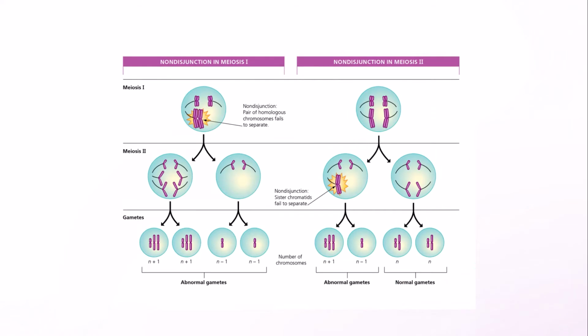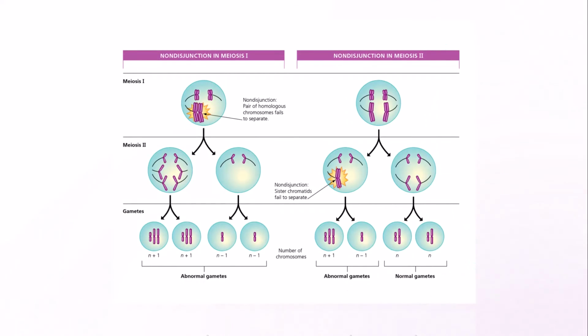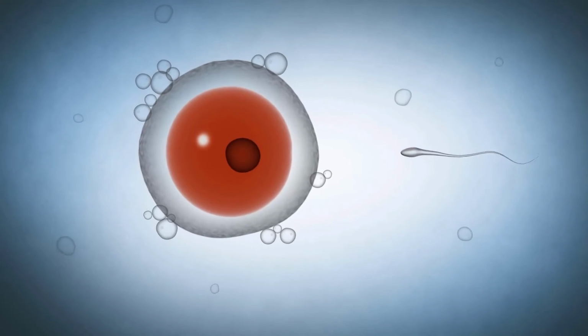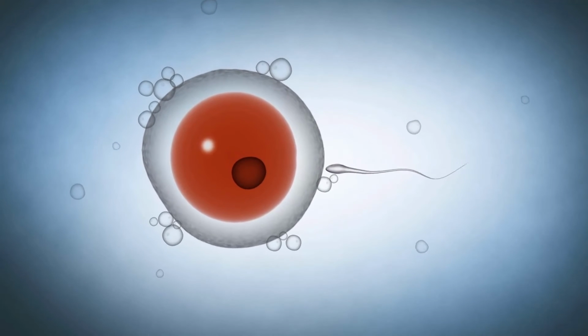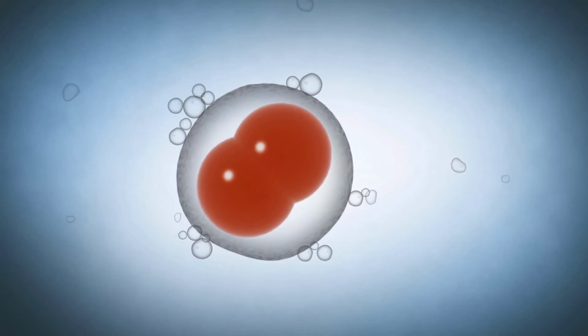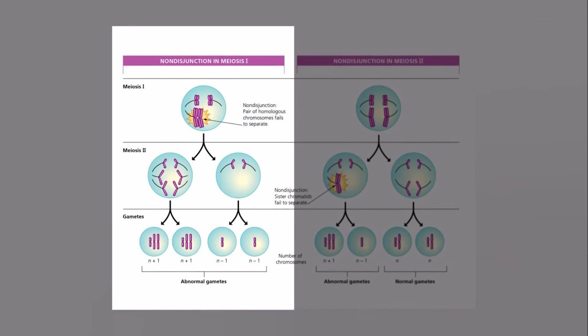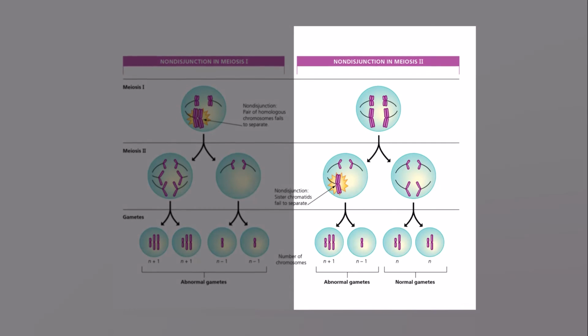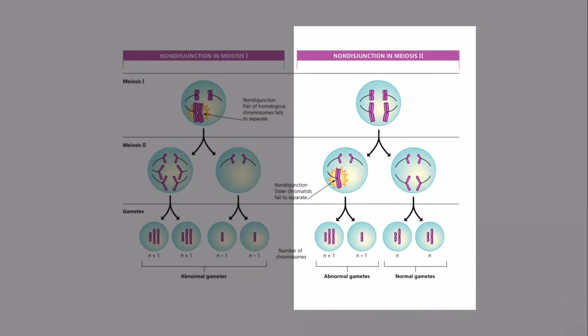Occasionally, accidents occur during meiosis that can alter chromosome number. For example, an abnormal gamete produced by non-disjunction unites with a normal gamete during fertilization. Here we see examples of non-disjunction in meiosis I and non-disjunction in meiosis II.